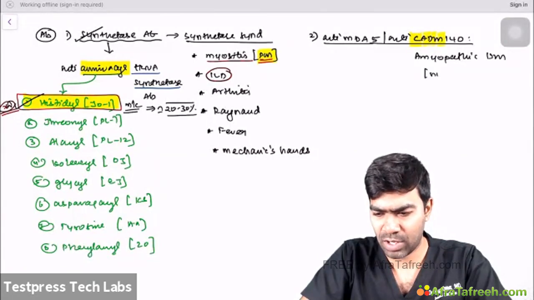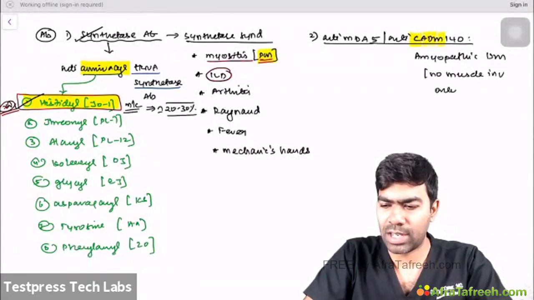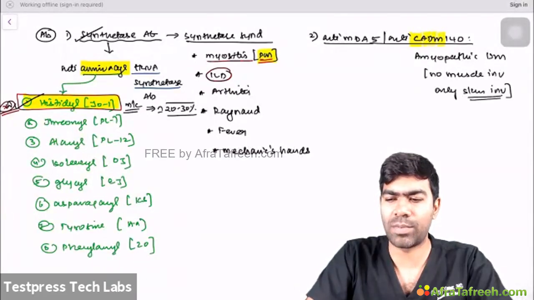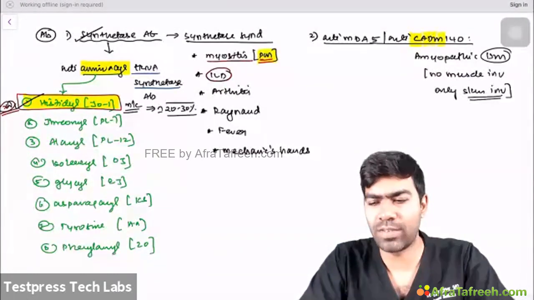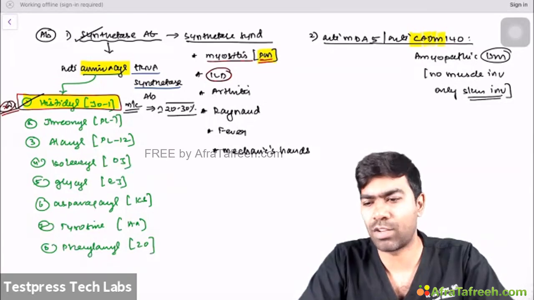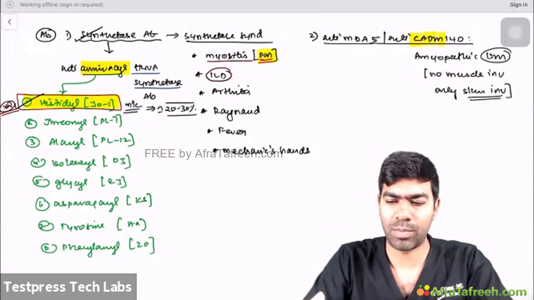Because these patients will not have any muscle involvement, but only skin involvement that is characteristic of dermatomyositis. So this is what we refer to as a clinically amyopathic dermatomyositis.